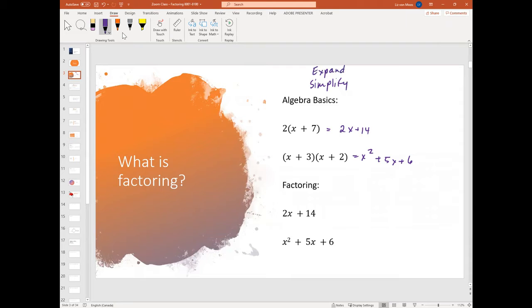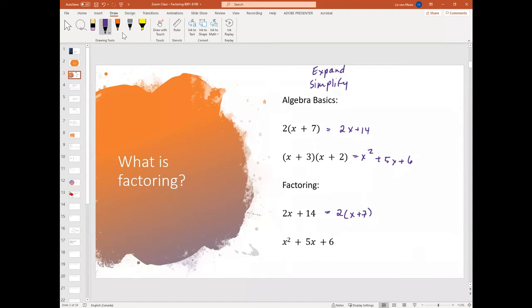Sometimes we said expand. Simplify is sometimes a little bit misleading because when we factor, a lot of the goal is also to simplify. So what you'll see is we've just created the expressions that we initially simplified. So 2x plus 14 is equal to 2 times x plus 7. So now we can absolutely just go back and forth.